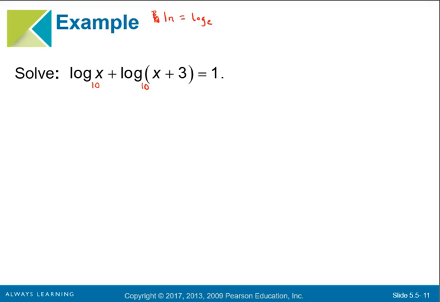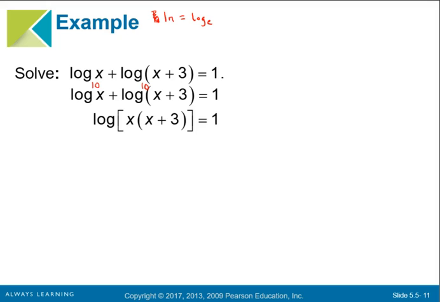All right, so here we're going to go ahead and work from here. There's our original problem. We're going to factor out that log, right? So it's going to be log times log is going to have the x times x plus 3.